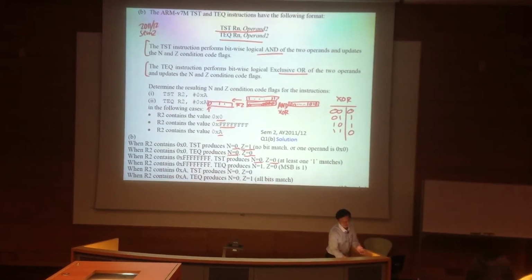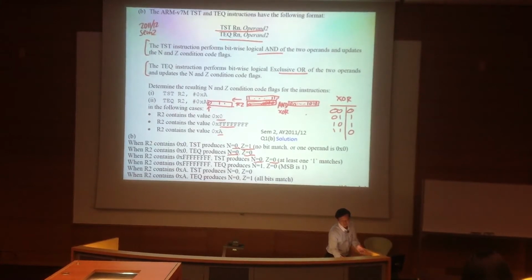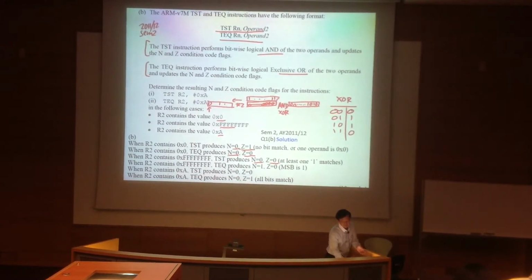However, when you do exclusive OR, you're going to find that there are firstly some 1s here, so it's again not 0. But you find that exclusive OR between a 1 and a 0 is going to end up with a 1. So this thing is going to be a 1, and therefore N is equal to 1.